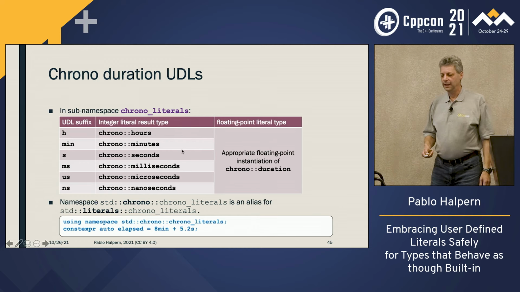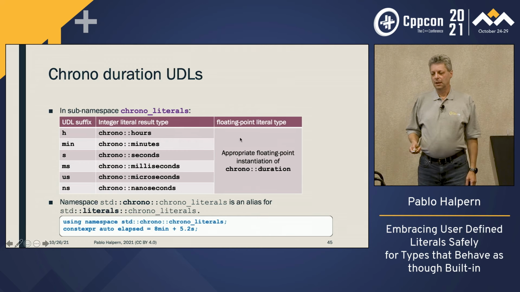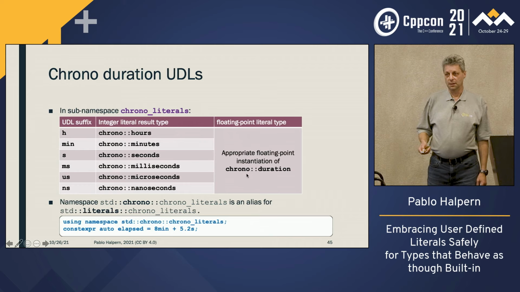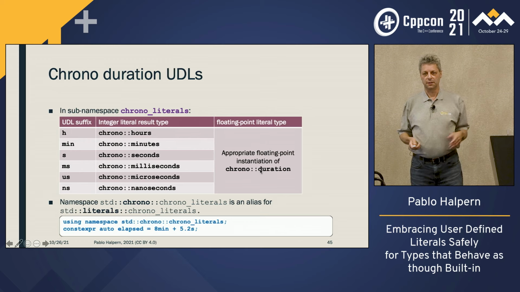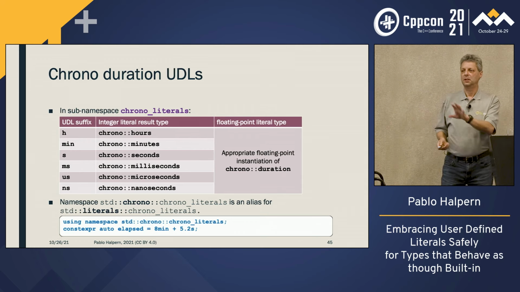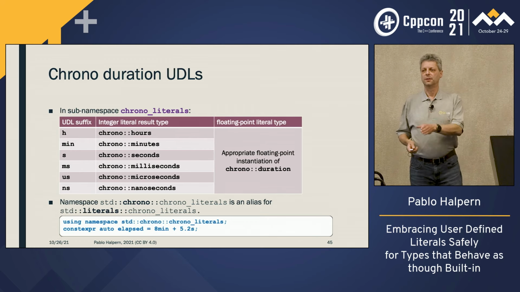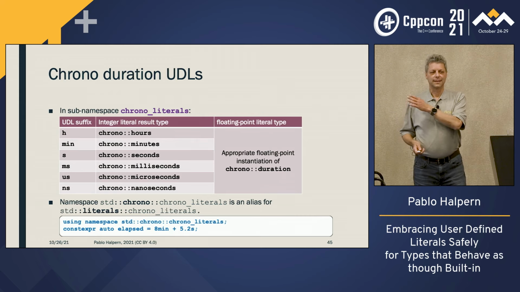In the floating point case, they also return a duration, but the duration is instantiated with a floating point type instead of with an integer type. Okay, but they're all instantiations of the std chrono duration class template.